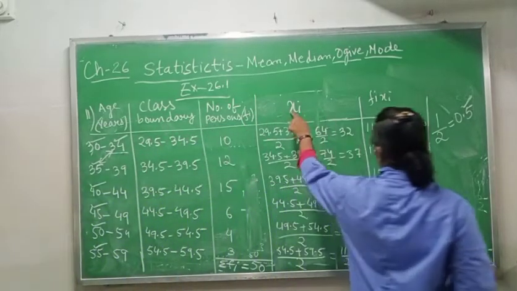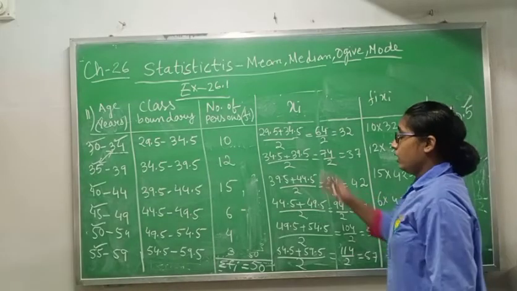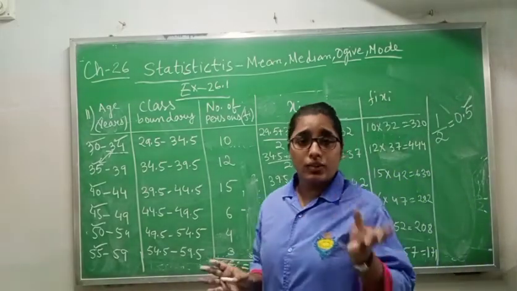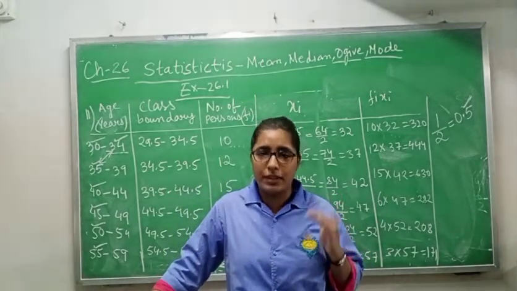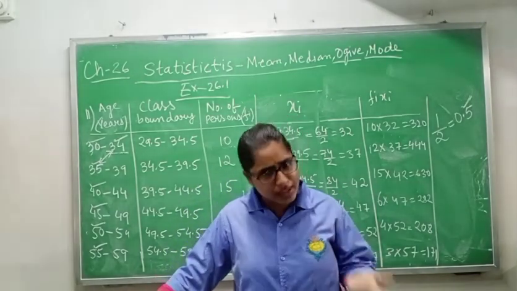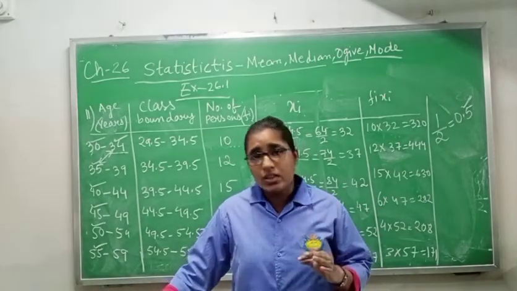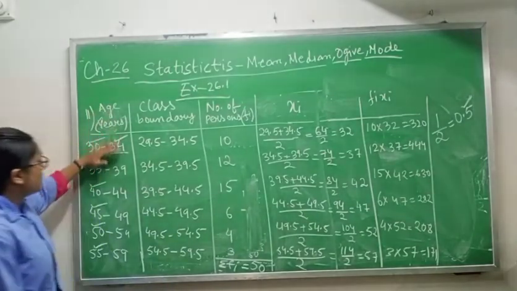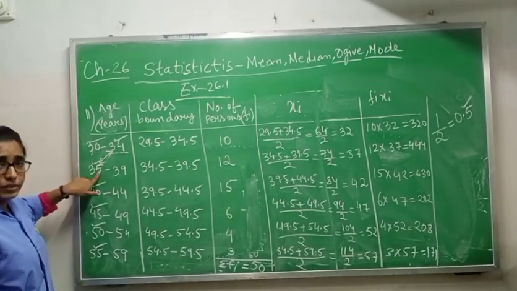Now, xi you get 32, 37, 42. How? You know that if a class interval is given, you add the upper limit and lower limit and divide by 2, or lower limit plus upper limit divided by 2; both are the same. But in this question, the ages are not continuous, meaning the upper limit and lower limit are not the same.